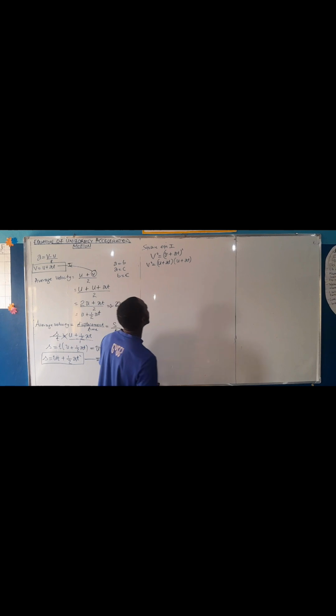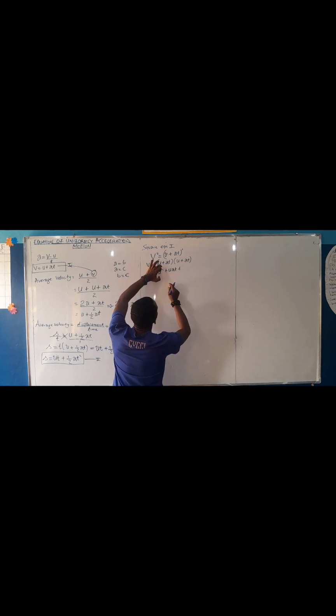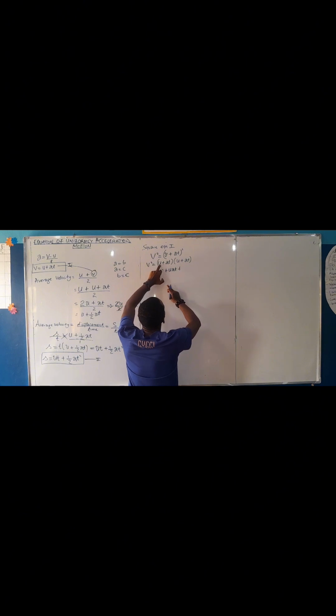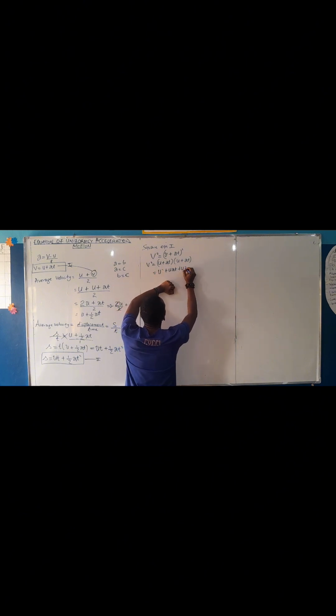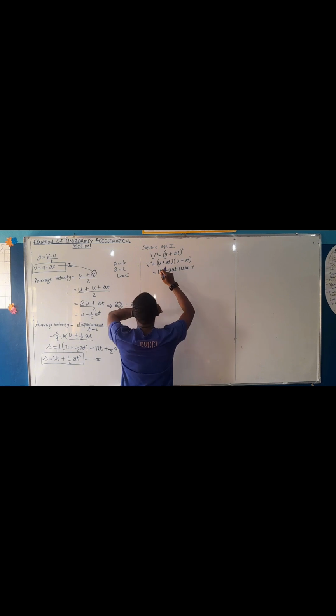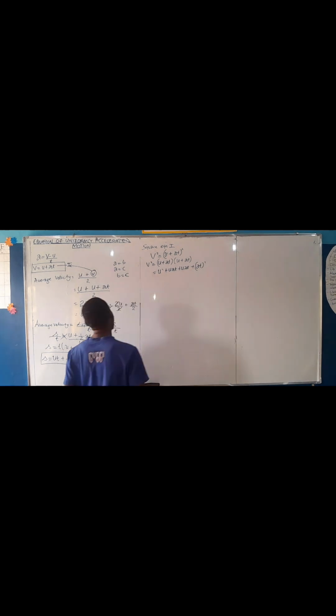So let's multiply this. u times u is u squared, plus u times at, uat, and at times u, also uat, plus at times at is equal to a squared t squared.